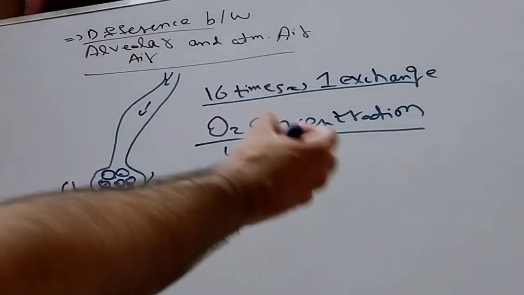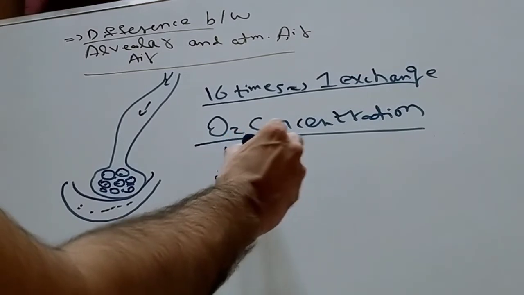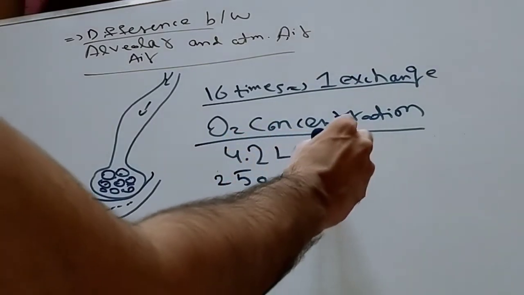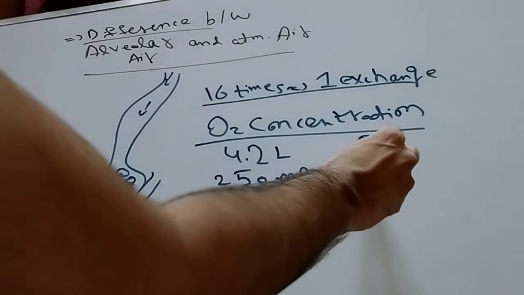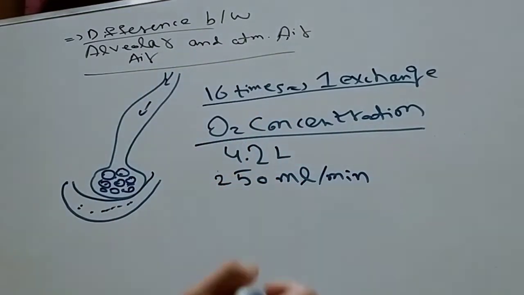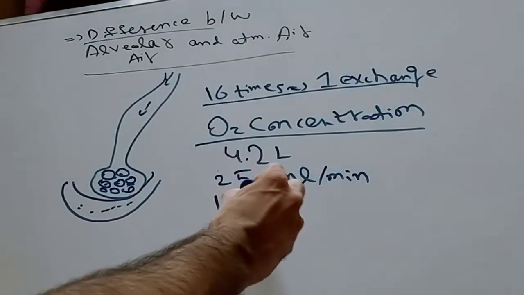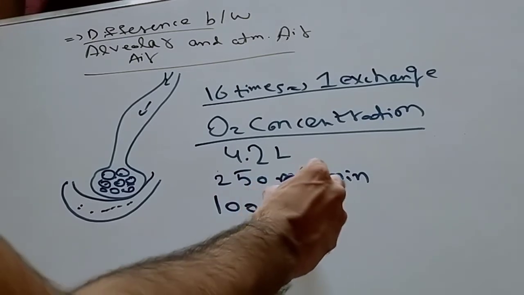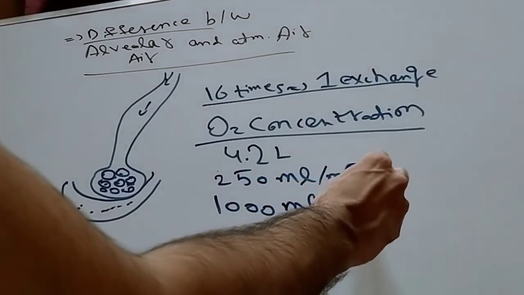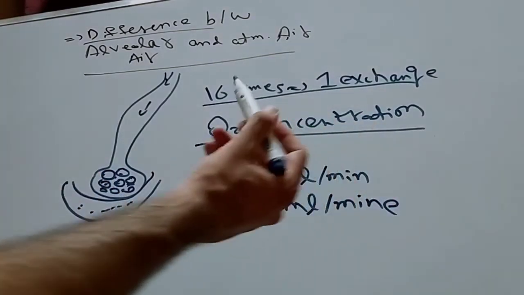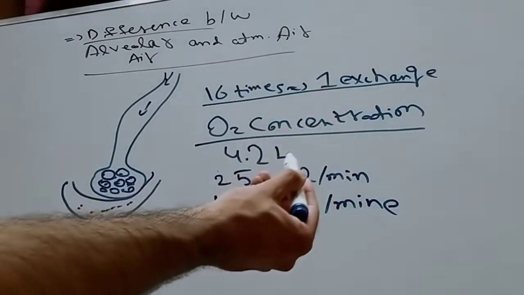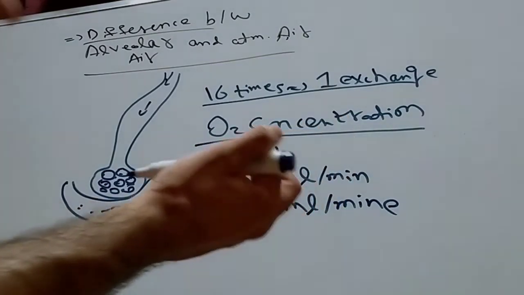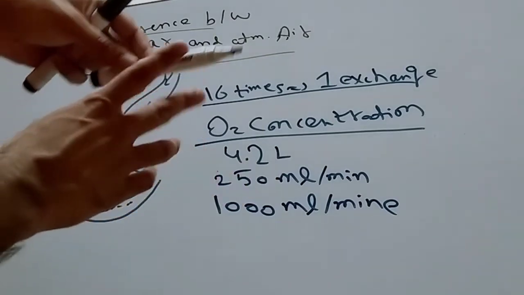In this, 250 ml per minute of oxygen gets exchanged in normal circumstances, and during exercise it becomes 1000 milliliter per minute. So in normal circumstances 250 milliliter of oxygen is exchanged per minute.